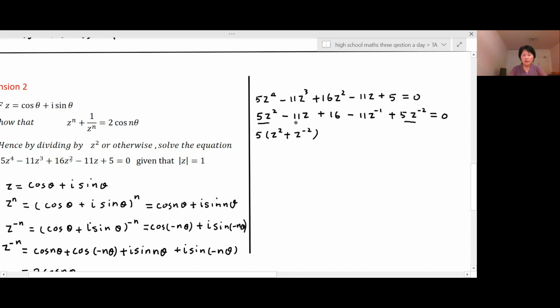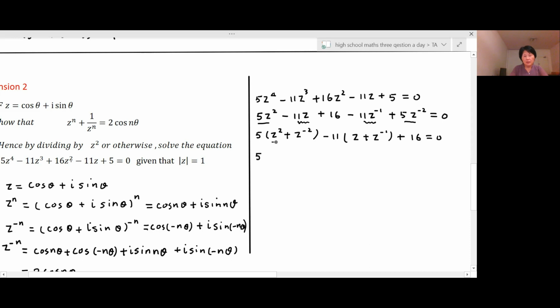Okay, then for this one, I just move the minus 11 outside. And this 16 is still here, plus the 16, then equal to 0. Okay, you can see z^n plus 1 over z^n will be equal to 2 cosine n theta. So 5 is still here.